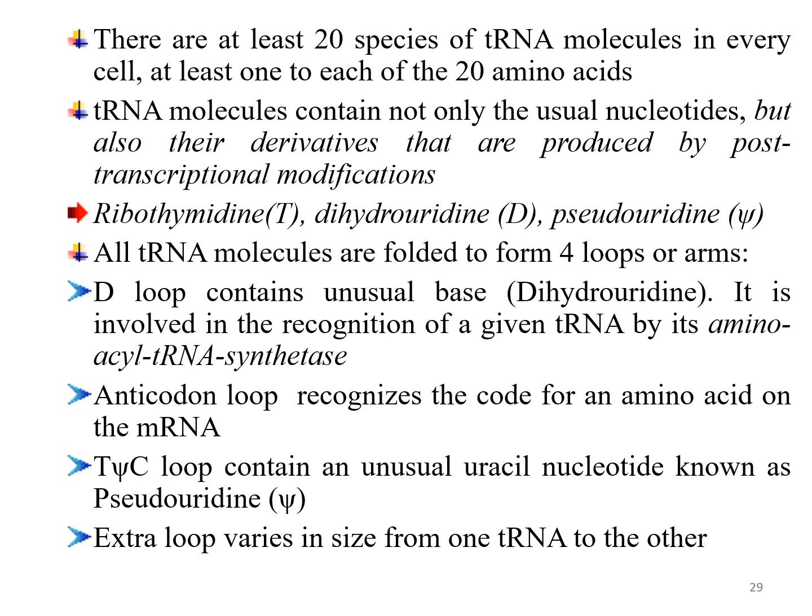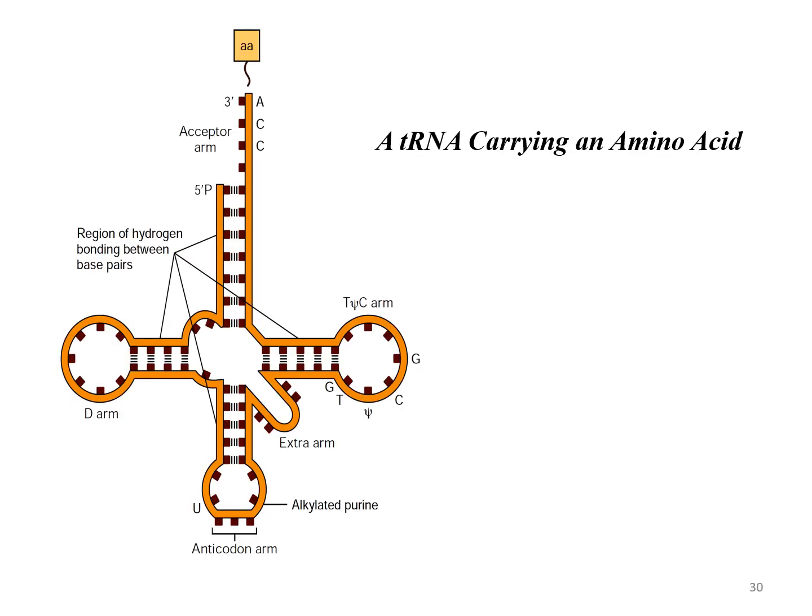The T loop contains ribothymidine, pseudouridine, and cytosine, with the unusual uracil nucleotide known as pseudouridine, designated as psi. The extra loop varies in size from one transfer RNA to another. So this is how transfer RNA can be used as a template for protein synthesis.